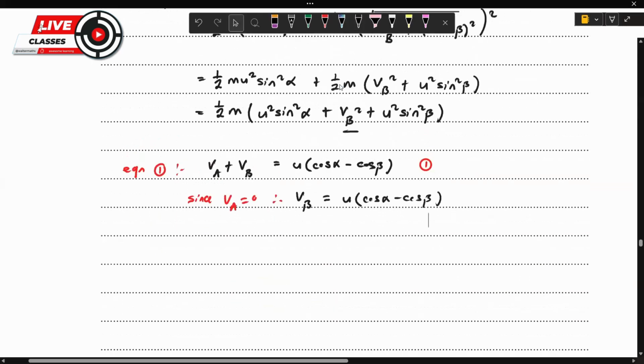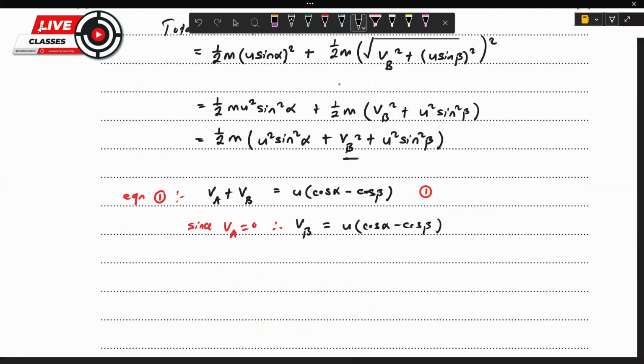All right. So we're going to substitute that into what we have already. So that's going to be half m of u squared sine squared alpha. But for VB squared, it means I'm going to square this.